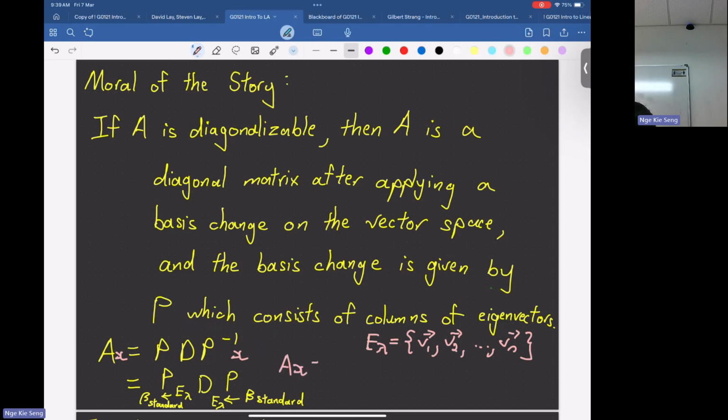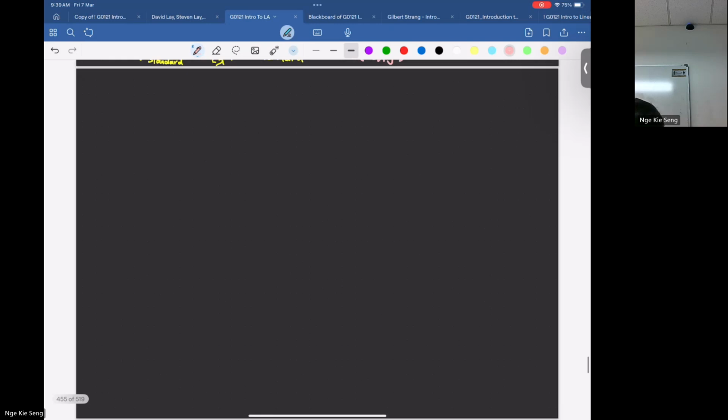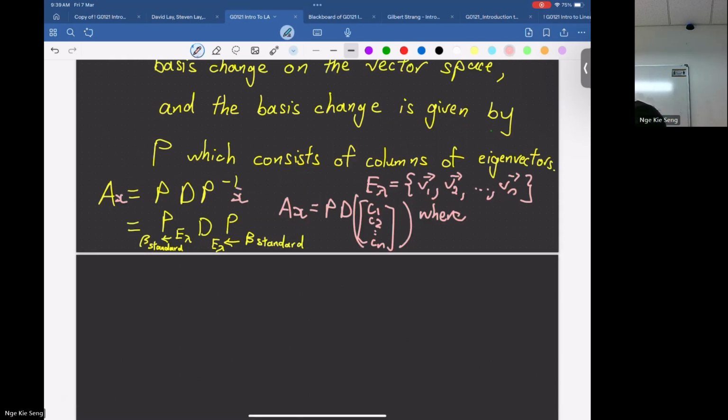It will first split it into C1, C2, up to Cn. Okay, but what is this? Let's put your x hat here. X can be written as a linear combination of your eigenvectors, C1 V1 up to Cn Vn.